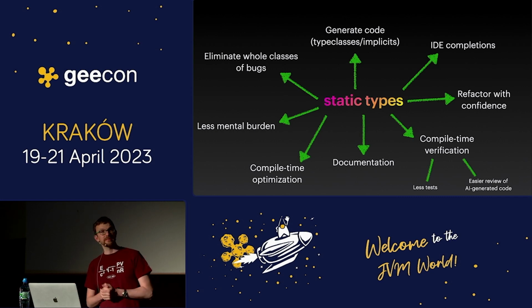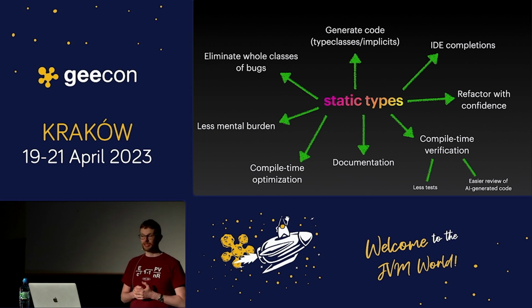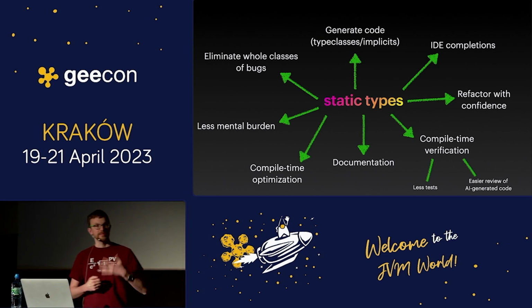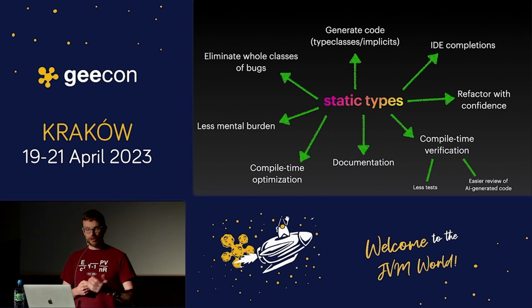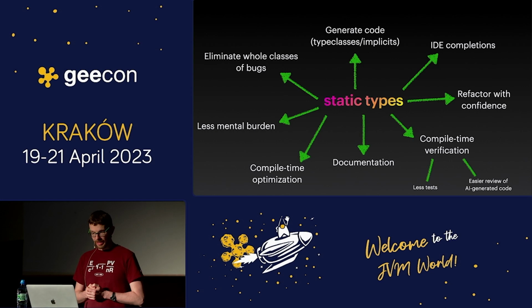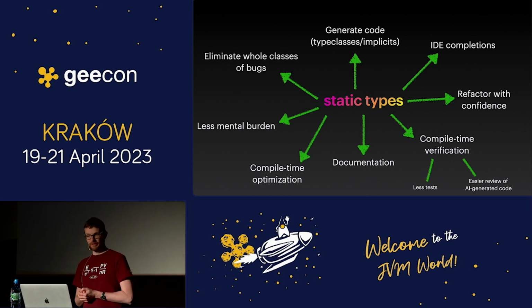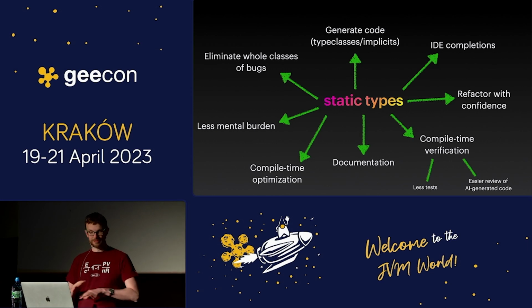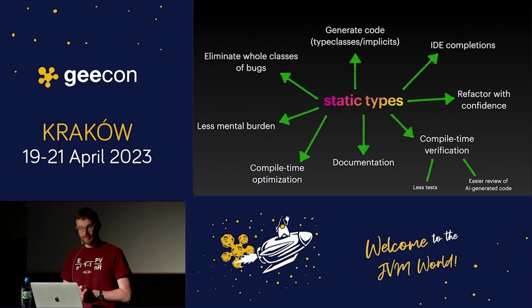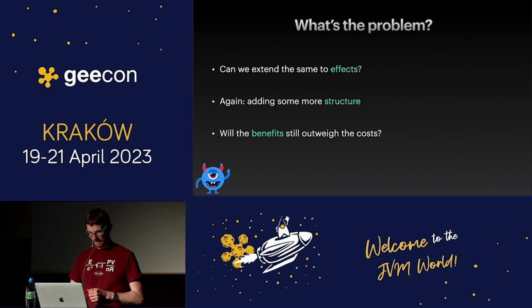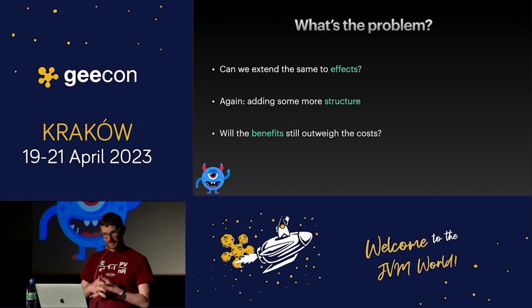In some cases, from static types, we can generate code, such as type classes in languages such as Haskell or Scala, or through implicits. We can get some compile time optimization, so there's quite a lot of benefits as well. There are some disadvantages, but we will conveniently skip them, as they don't fit the bigger picture.